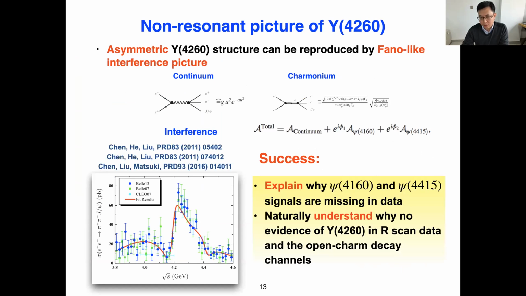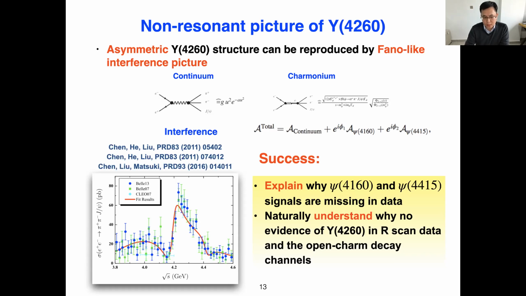To solve such a difficulty, we once introduced a non-resonance picture for the Y(4260). We can look at the experimental data. You can notice that this enhancement is not symmetric. It means that you cannot simply use a Breit-Wigner to describe this line shape.